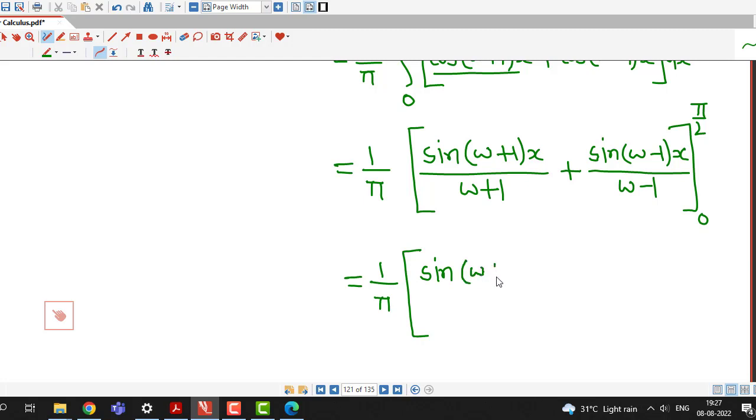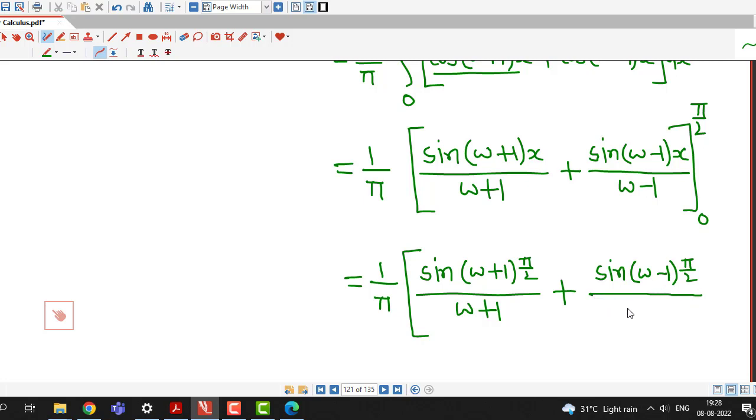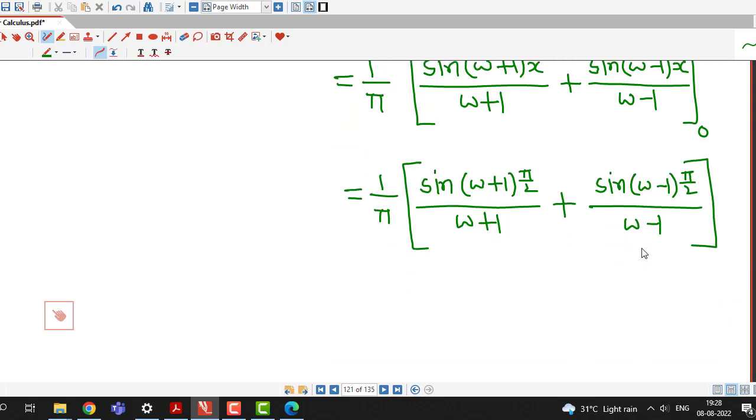Here we write sin((omega plus 1) pi by 2) divided by omega plus 1 plus sin((omega minus 1) pi by 2) divided by omega minus 1, minus 0. For x equal to pi by 2 we obtain this.